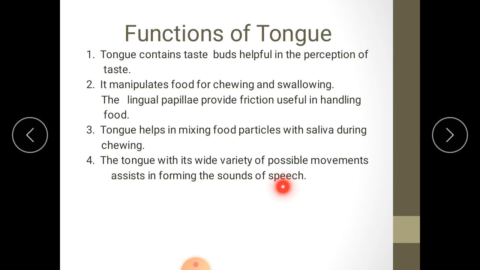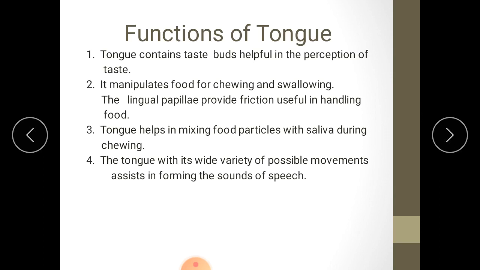While it is coming out, the tongue is used for producing different words. Therefore, the tongue is important in speech. So these are a few functions of the tongue.